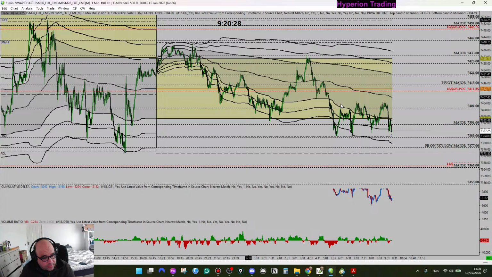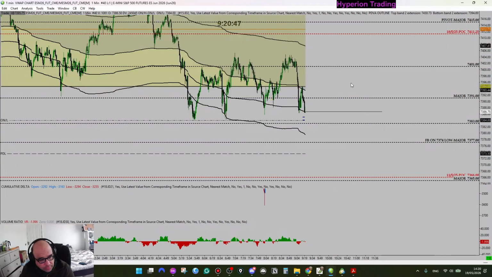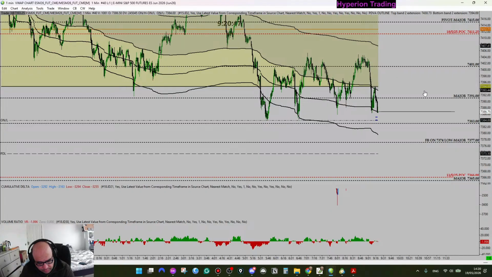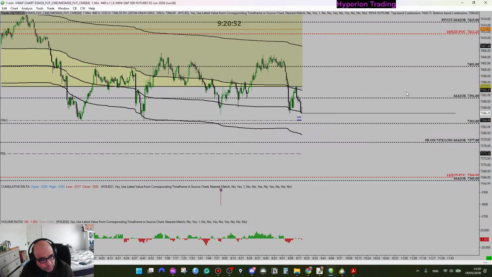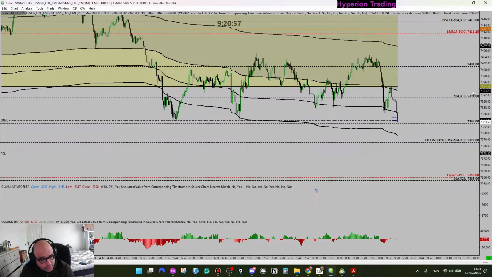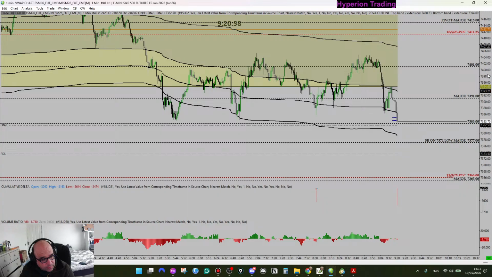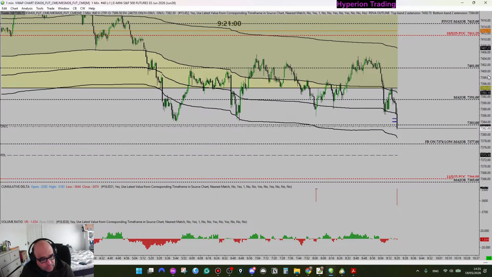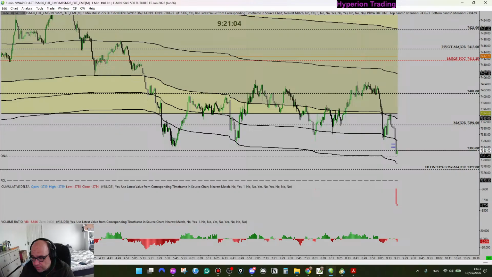Now we're at the lows. Okay, we see the overnight lows taken before the opening.